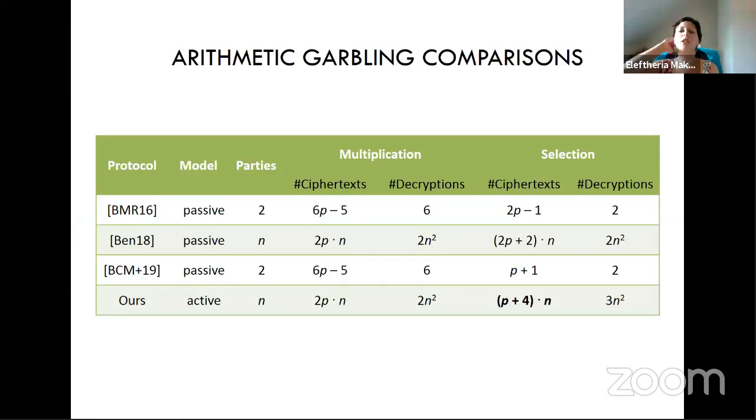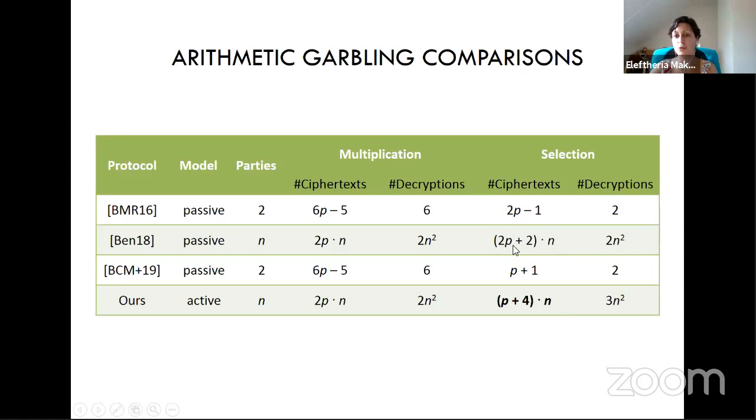So let me show you what we improved. What are the comparisons now for the arithmetic garbling case? We so far have two protocols for the two-party case and two protocols for the n-party case. All previous works are passively secure, while ours is actively secure. And what we managed essentially to achieve is almost half the communication cost of the previous work in the multi-party setting.